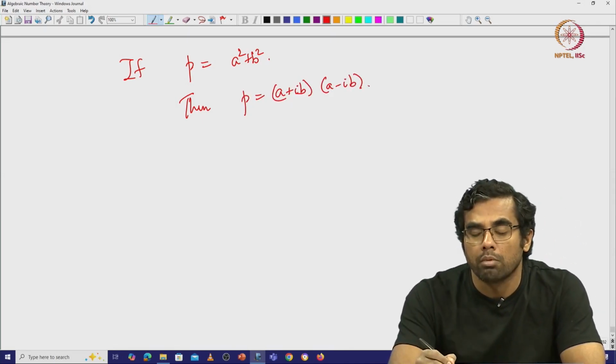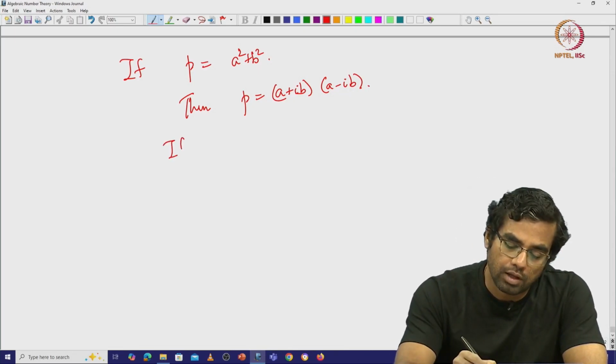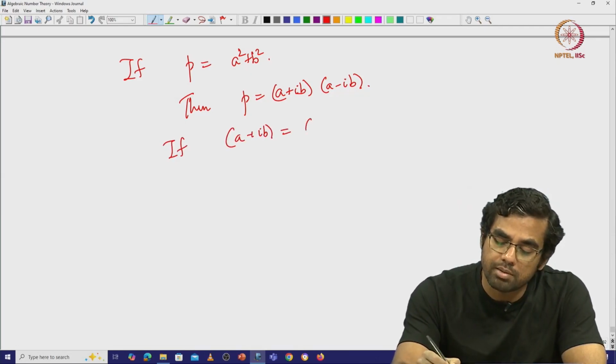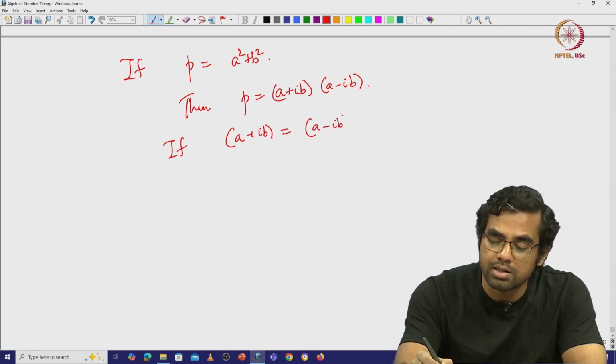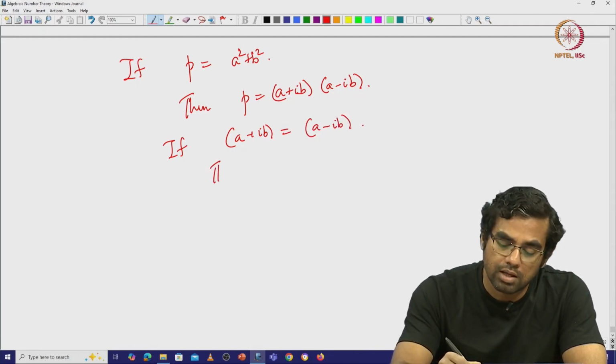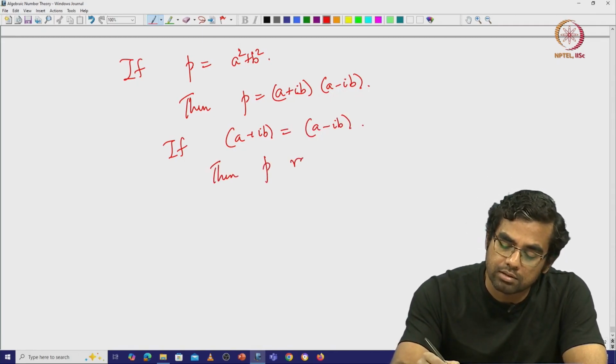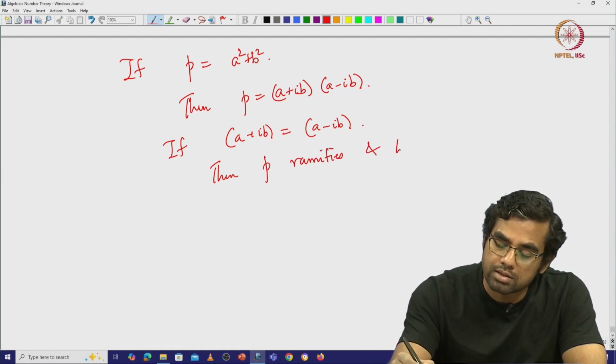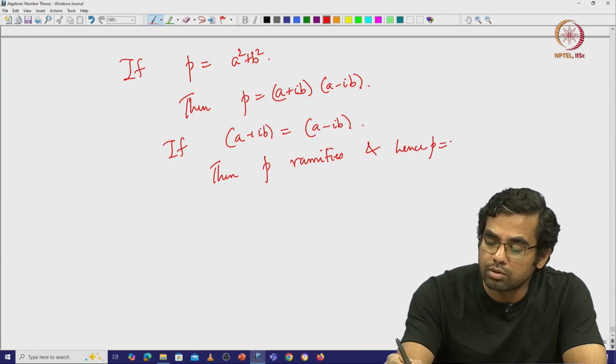Now there are two possibilities. If the ideal generated by a plus ib is the same as the ideal generated by a minus ib, then P ramifies, and hence P is equal to 2.